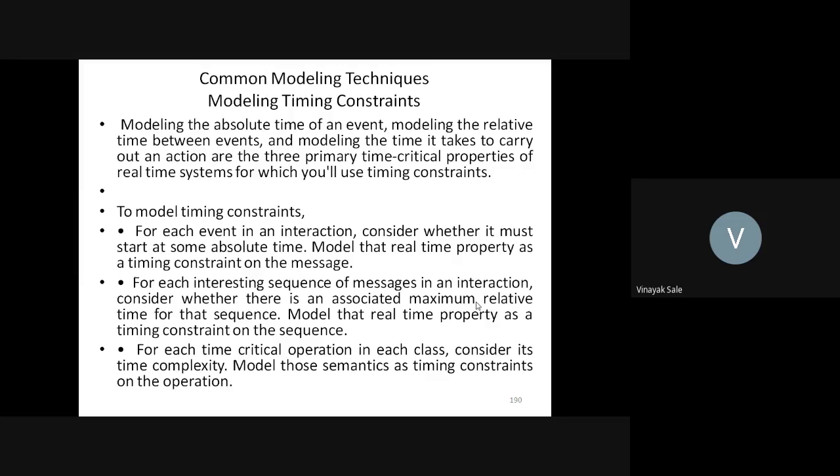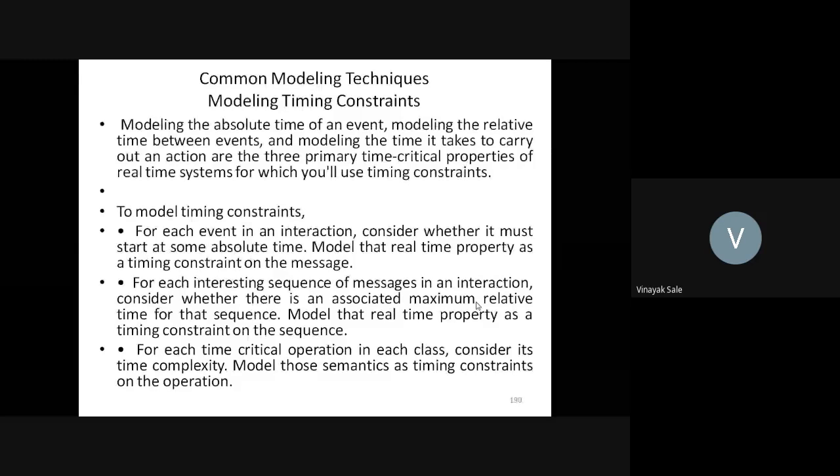To model timing constraints for each event in an interaction, consider whether it must start at some absolute time. Model that real-time property as a timing constraint on the message. For each interesting sequence of messages in an interaction, consider whether there is an associated maximum relative time for the sequence.